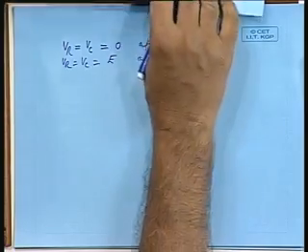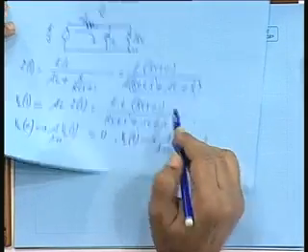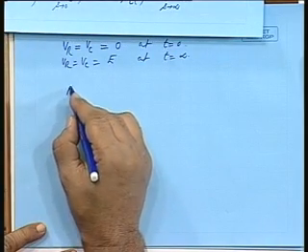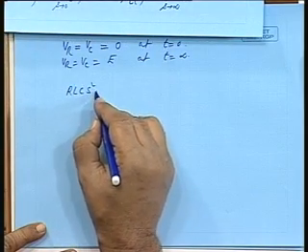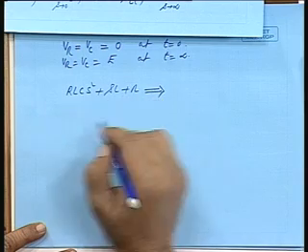Okay. For critical damping, this quadratic, you have got R L C S squared plus S L plus R. So, equate B squared equal to 4AC.